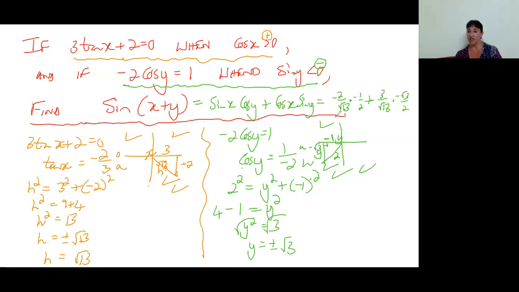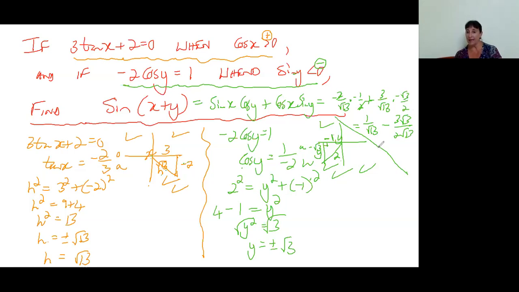Right, and then I just need to tidy it up a bit. So this will be plus, the 2's will cancel, and I'll get 1 over root 13. Plus times a minus is a minus 3 root 3 over 2 root 13.